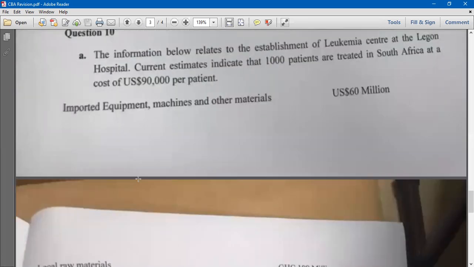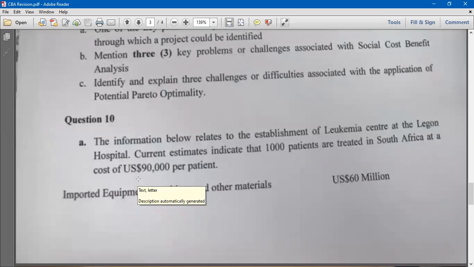So here we are just dealing with the project, and we are taking into consideration balance of payments issues. It's possible that we can just send these patients to South Africa to take their treatment there. That's what we call the imported output. They've already produced the service, and we are just going to buy it.